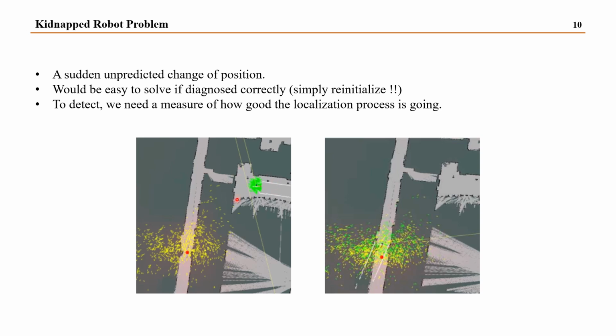They believe the robot is here, but now the robot is in a different place. The idea is that if we could correctly diagnose this kind of failure mode, we could just redistribute the particles. And after a few iterations, they could just refocus on the new robot location. And that's what we are going to discuss in the next slides.